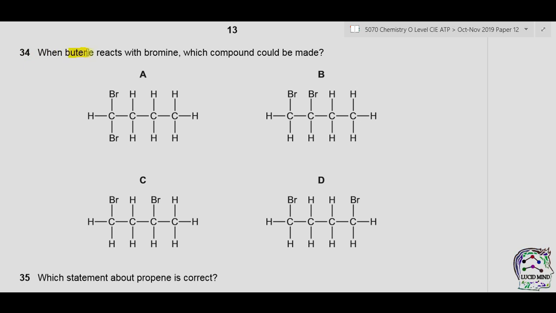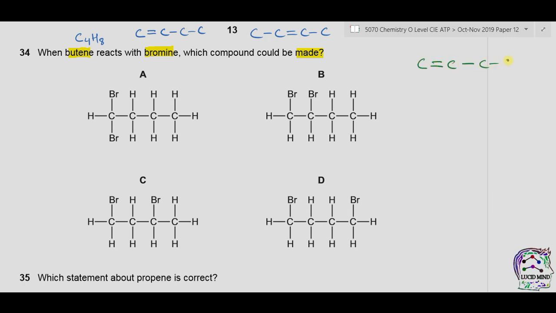Question 34. When butene reacts with bromine, which compound could be made? Butene is an alkene with the molecular formula C4H8 and there could be a double bond between any 2 carbon atoms. So it could be between first and second or between second and third. Let's add bromine in both of these possibilities.